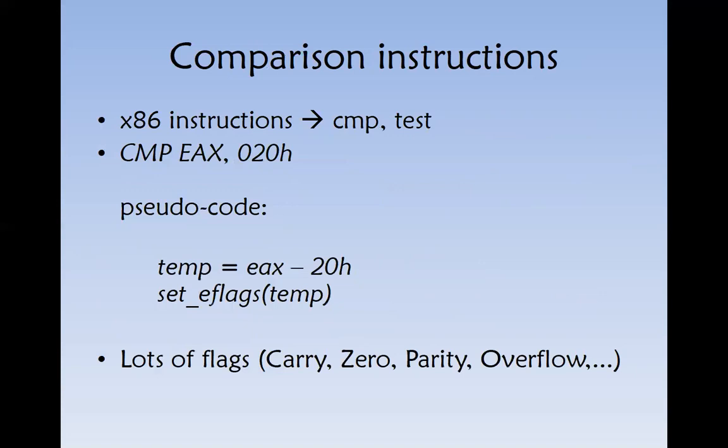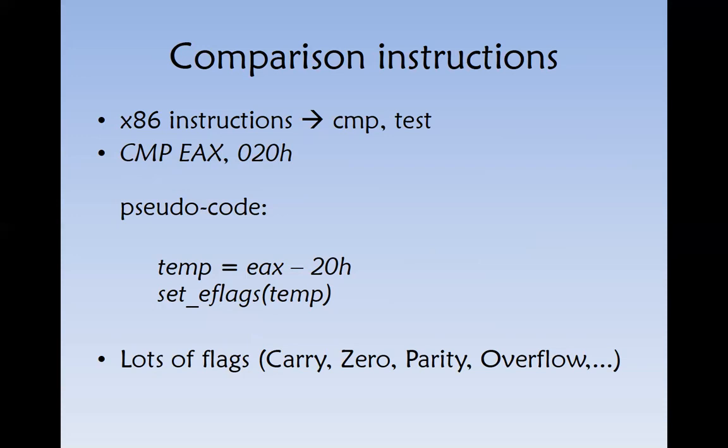So let's look at the comparison instruction. Here we've got an x86 instruction that checks whether you're comparing the value of EAX to 20 hex. The pseudocode is: temp equals EAX minus 20 hex, and then you check whether it's equal, and you also set some flags based upon the value of temp.